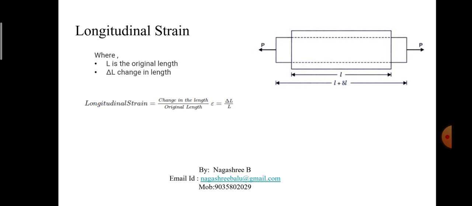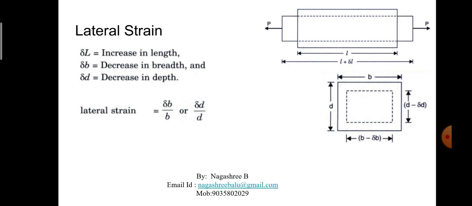So coming on to the next concept, it is lateral strain. Here I take the same example, wherein P is the load applied in both directions with the same magnitude and tensile in nature.